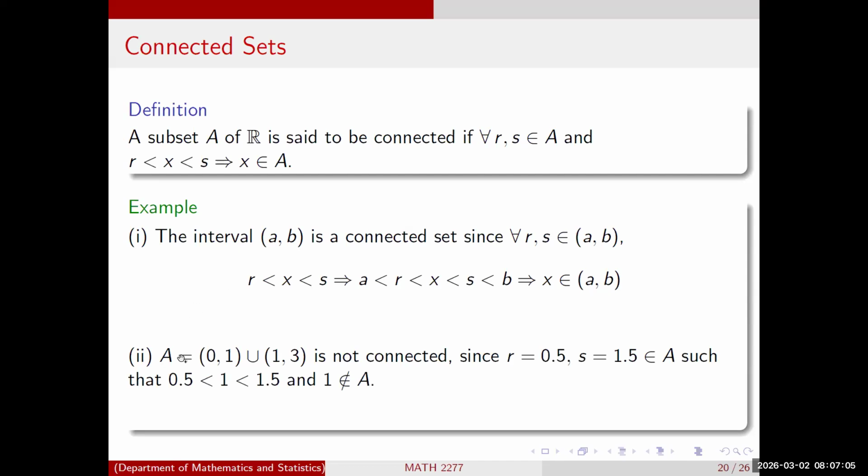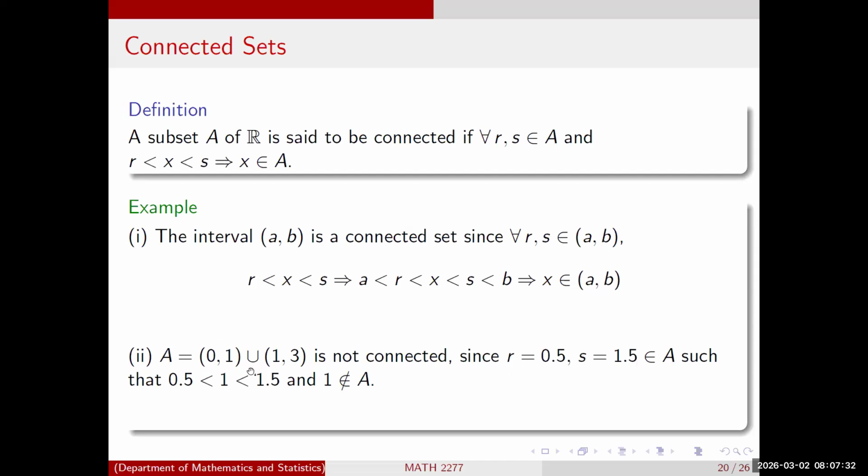So in the second example, this set A, which is the open interval (0, 1) union (1, 3), is not connected. To show that a set is not connected, you just need to give one example of a point that is between two elements of that set, but is not in the set.